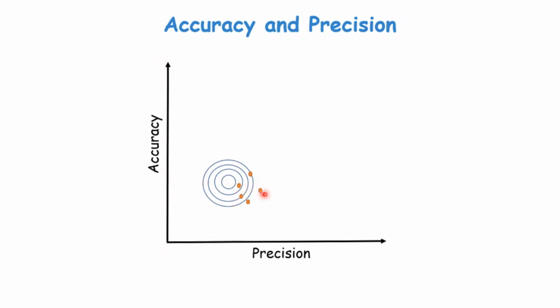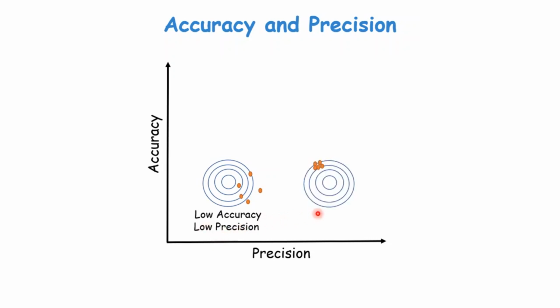And they are scattered all over the place, so they are not precise, not reproducible, not close to each other. Therefore, the precision is also low. This is low precision, this is high precision. So this one has low accuracy and low precision.